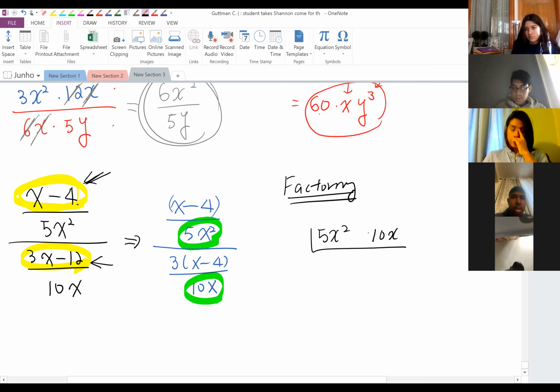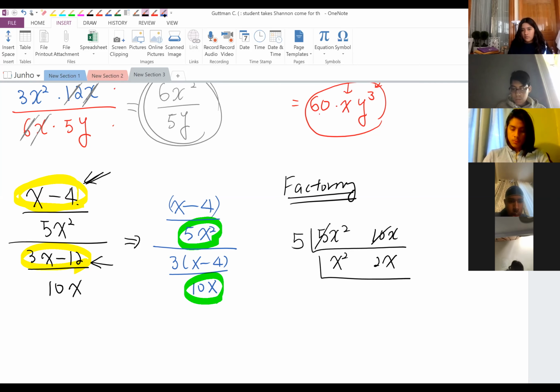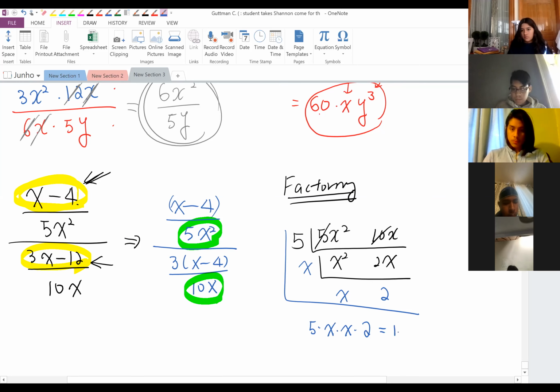Between 5 and 10, we can divide by 5, right? So x squared and 2x come down here. And x squared and 2x, common factor becomes x, so x and 2. Okay, I think that's it. And you multiply them, then 5 times x times 2, so becomes 10x squared. Make sense?